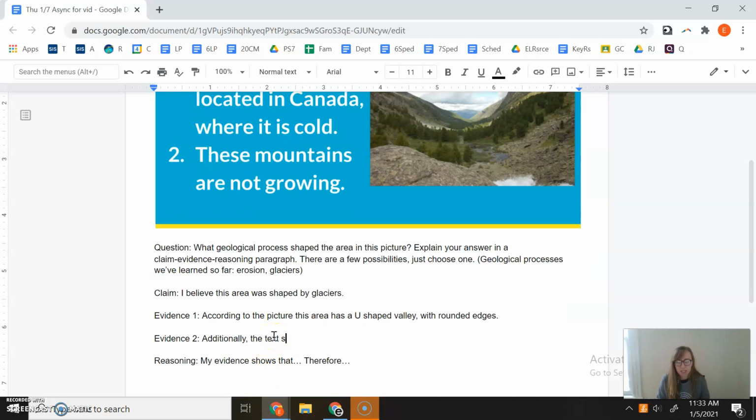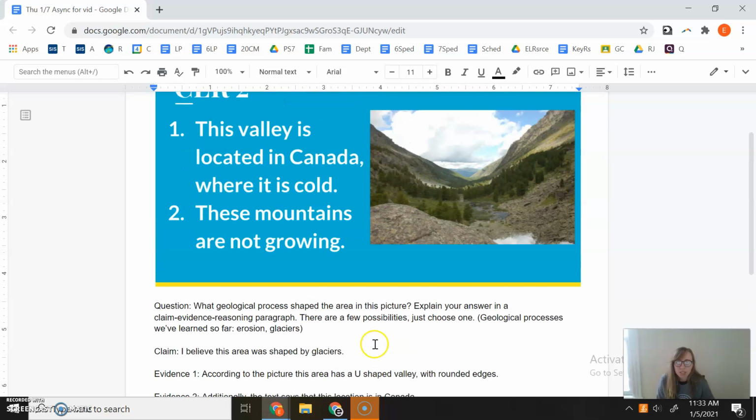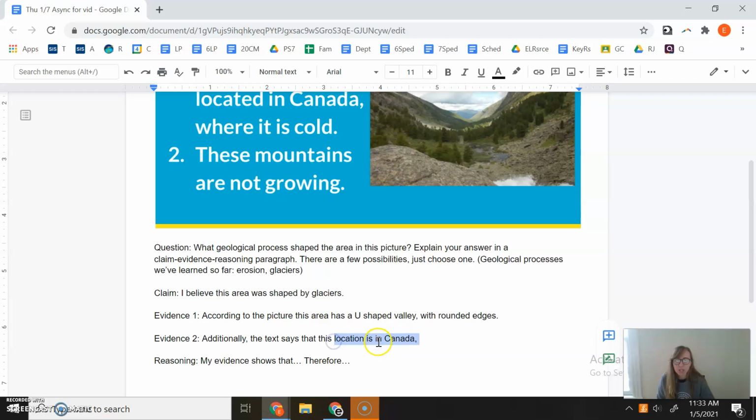Additionally, the text says that this location is in Canada, where I guess I should put that in quotes. The text says that this valley is located in Canada, where it is cold. All right. So that's my two pieces of evidence. That's really easy. That's sort of just a sentence a piece.